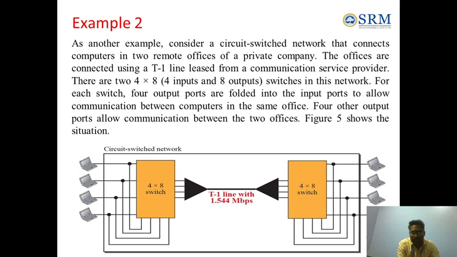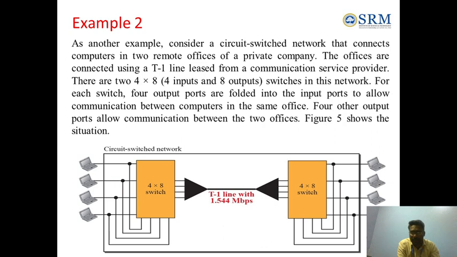So two switches are there, one with the input of 4, and the other with the output of 8. Totally these 2 switches will give 8 inputs and 16 outputs. I am saying the total of these two switches, and for each switch, 4 output ports are folded, right?